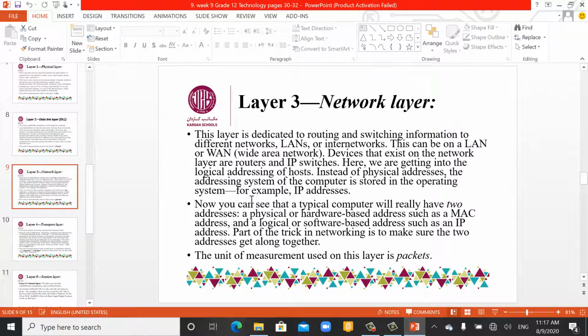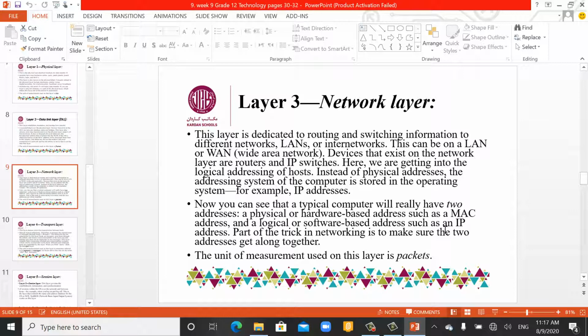For example, IP addresses are stored like the MAC address. Now you can see that a typical computer will have two addresses. One, a physical address, I mean a hardware-based address, such as the MAC address, as I explained in the previous slide. And the other is the IP address, or logical or software-based address.